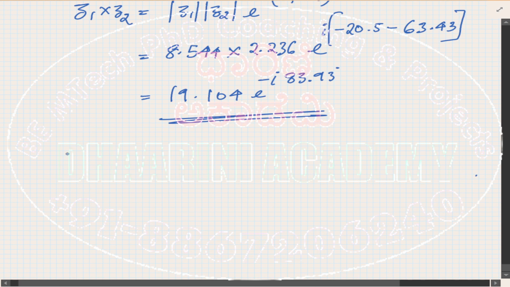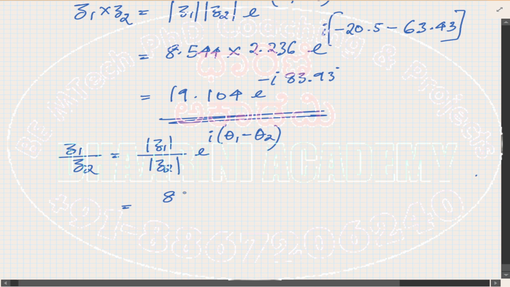The question is to find Z1 divided by Z2. That is magnitude Z1 by magnitude Z2 into e to the power i (theta 1 minus theta 2). So magnitude Z1 is 8.544, divided by 2.236, into e to the power i.